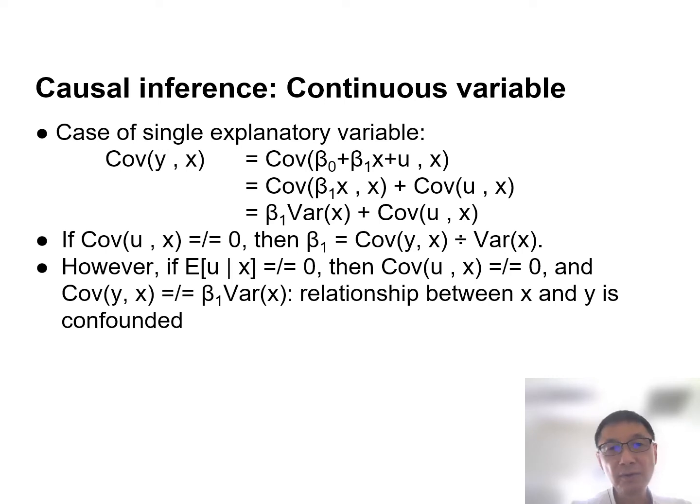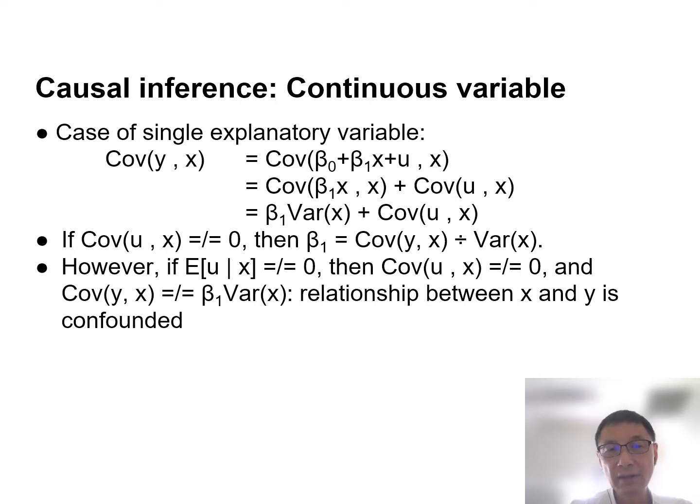And using algebra, we can simplify that to be the sum of the covariance of beta subscript 1 times x with x plus the covariance of u with x, which further simplifies to beta subscript 1 times the variance of x plus the covariance of u with x.